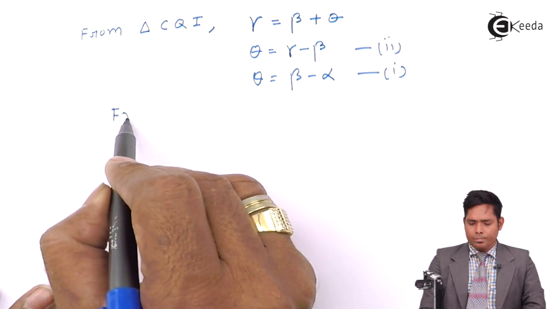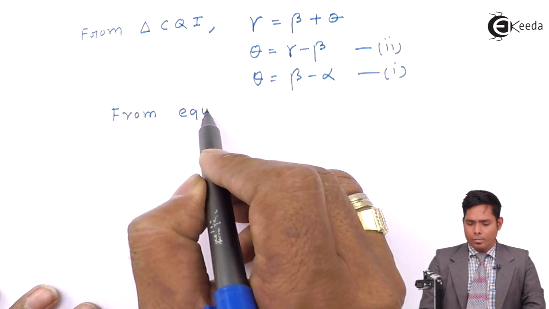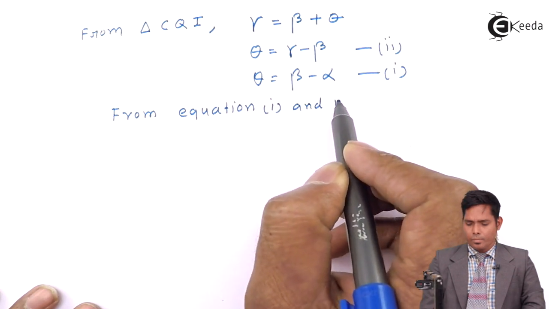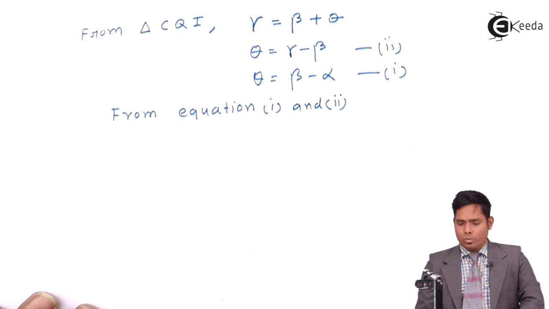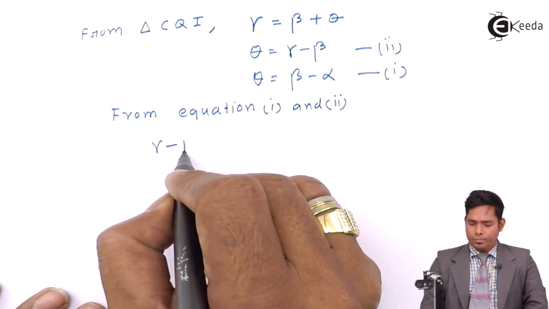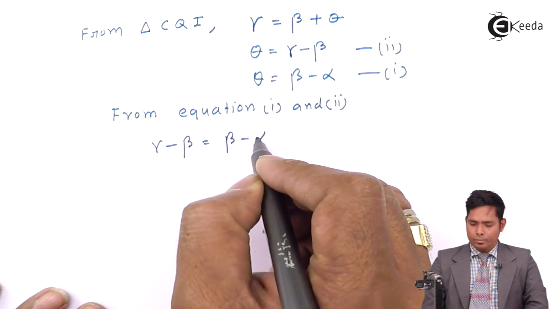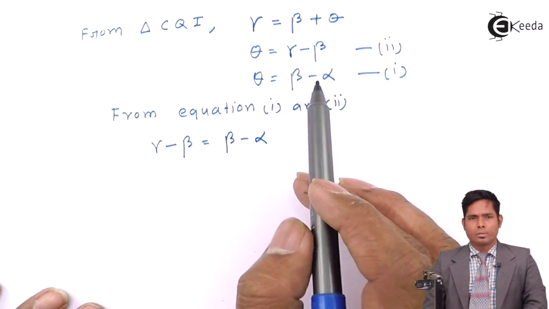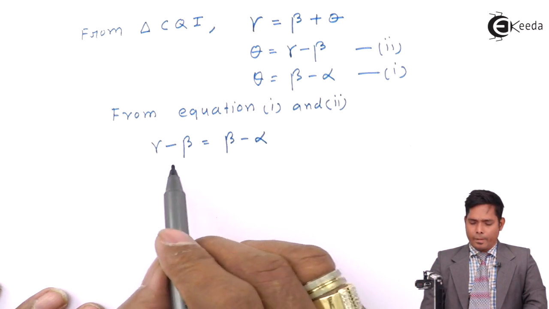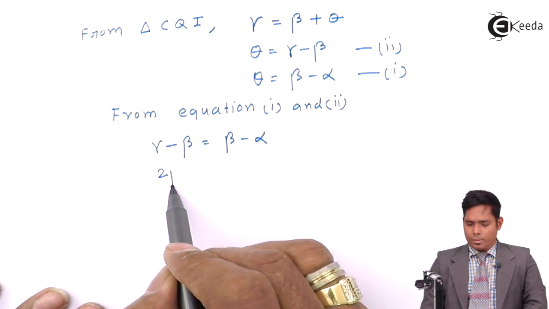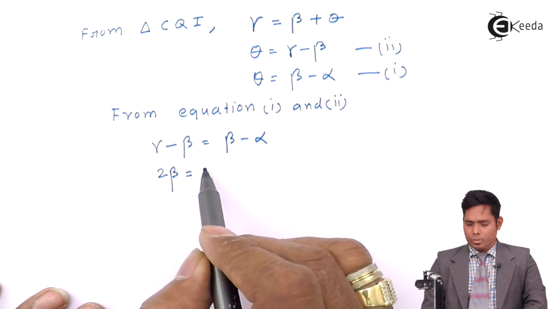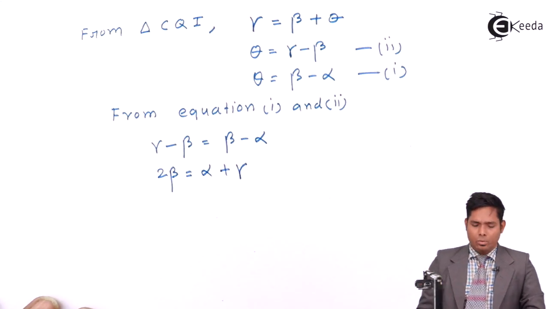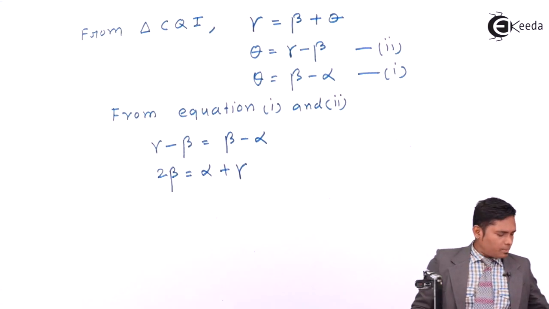So from 1 and 2, we can write gamma minus beta equals beta minus alpha. From here I can write 2 beta equals alpha plus gamma.